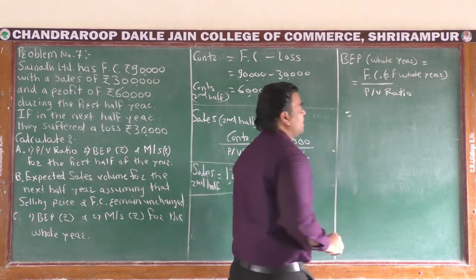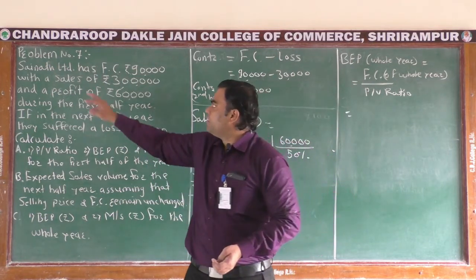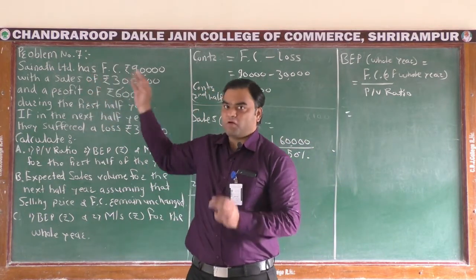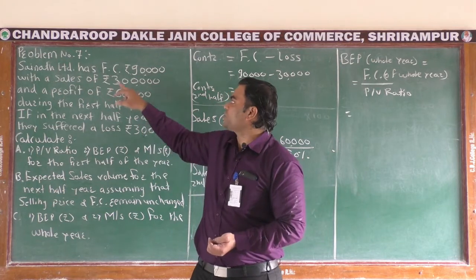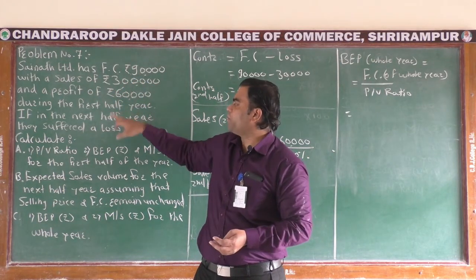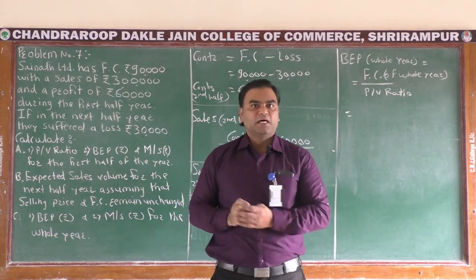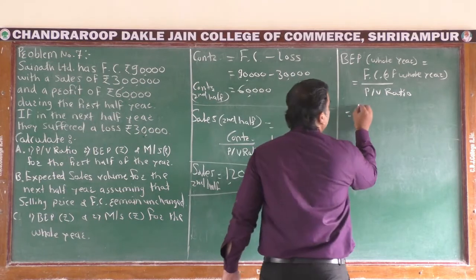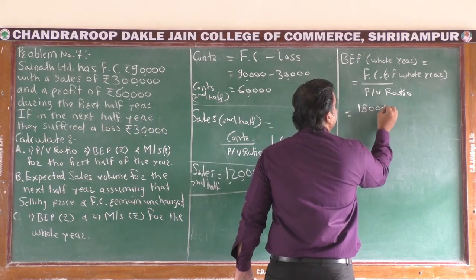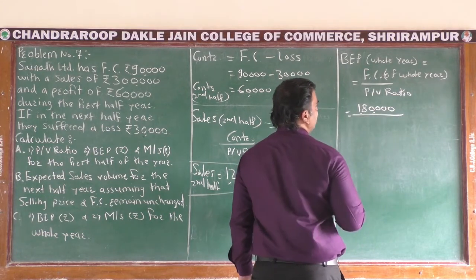So what is the amount of fixed cost of the whole year? For the first half, fixed cost is 90,000, and the same for the second half, fixed cost is 90,000. So 90,000 plus 90,000, total 1,80,000 is the amount of fixed cost for the whole year.